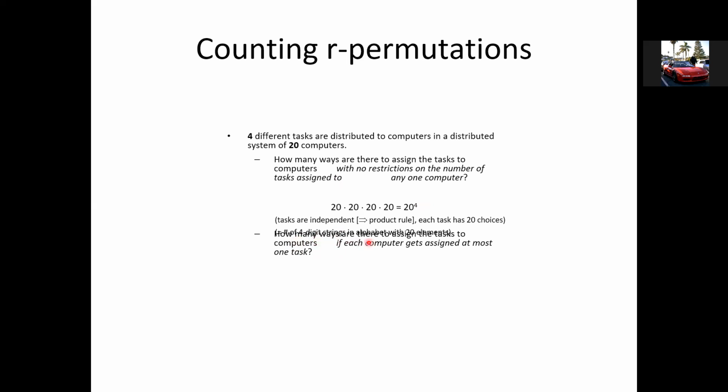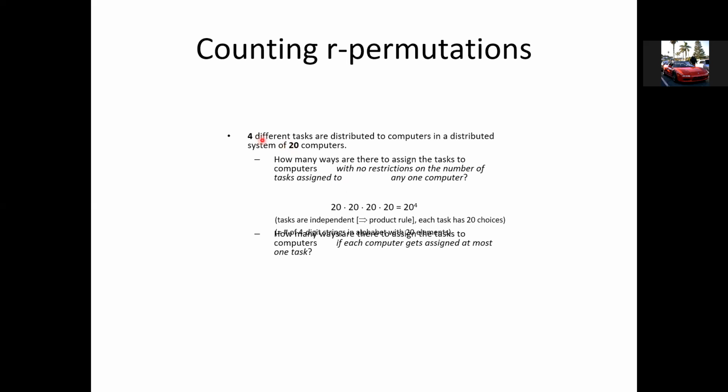This says: how many ways are there to assign the tasks to computers if each computer gets at most 1 task? So now I don't have this restriction. Sorry, now I add the restriction. I don't want the same computer to run 2 tasks.